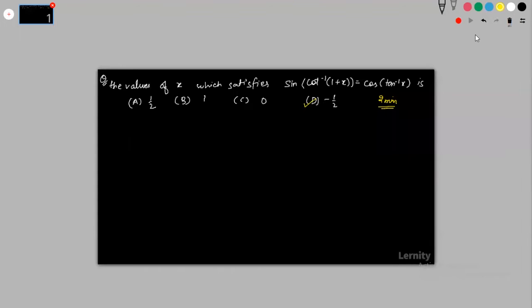So we have sine of cot inverse of 1 plus x is equal to cos of tan inverse of x, right? So basically we can form two different triangles.